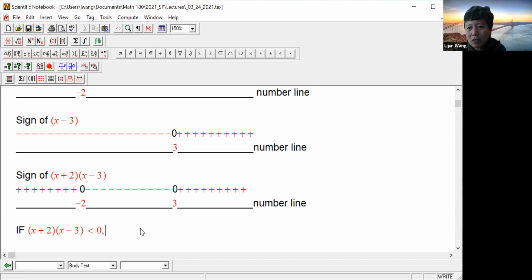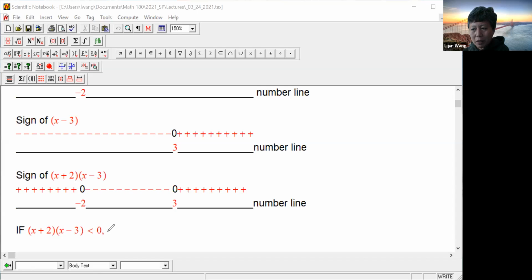Do we have the answer now? What is the answer? For all of these x's, the product is going to be positive. For -2, the product is going to be 0. For +3, the product is going to be 0.